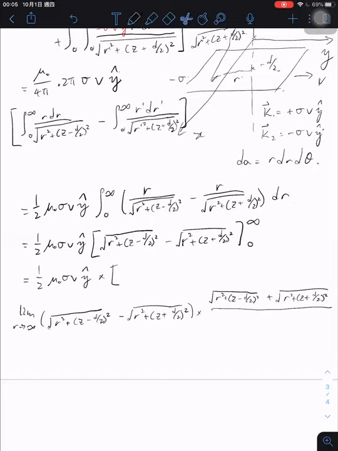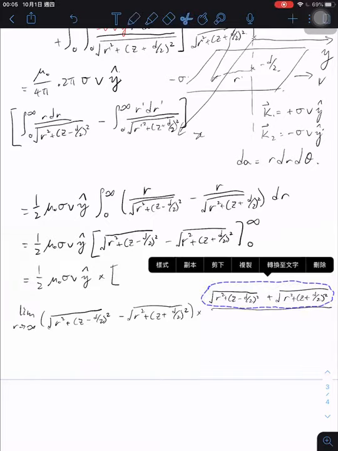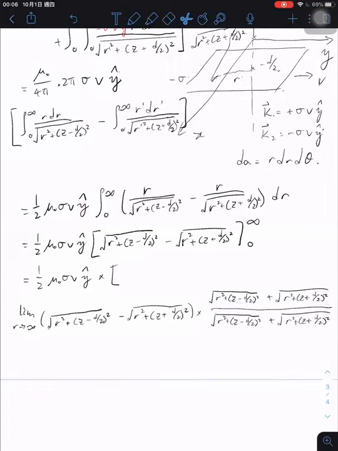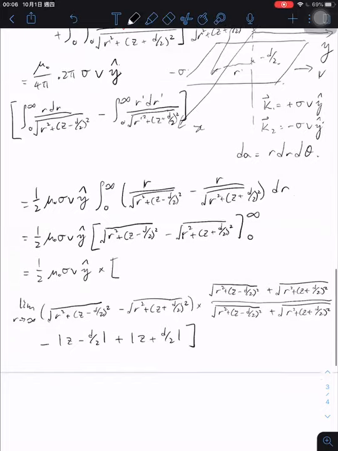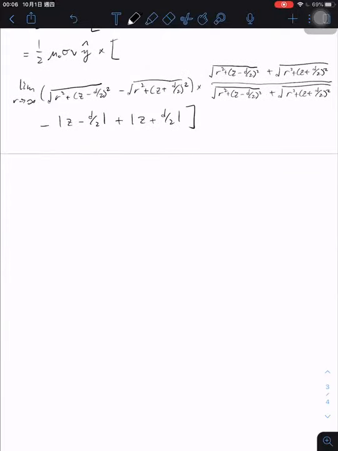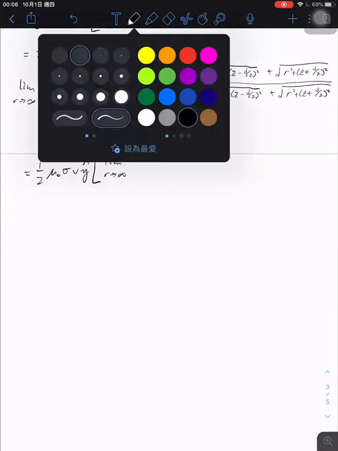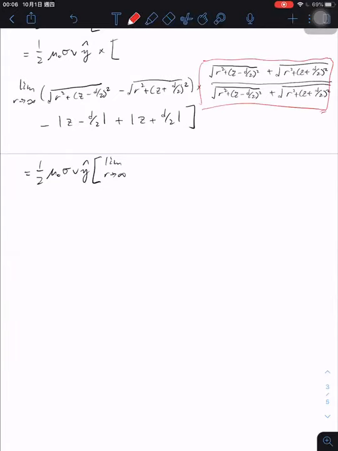And then if we substitute r equal to 0, we get, again, absolute value of z minus d over 2 plus absolute value of z plus d over 2. To evaluate this limit, I'm multiplying by this thing, which is basically 1, so I'm doing nothing.